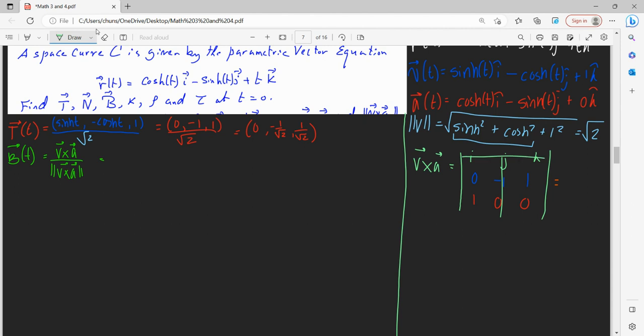So I think the only one that will work is j. So we have 0i, and then this is minus 1 minus 0, so it's 1j minus 1j. And then when we do k, this is 0 minus negative 1, so that's positive 1k.